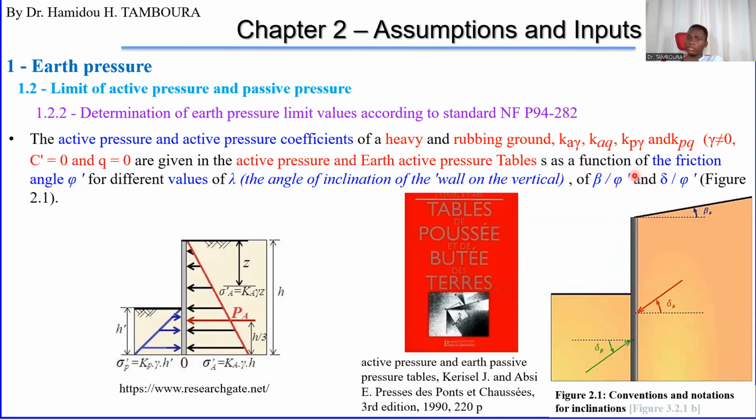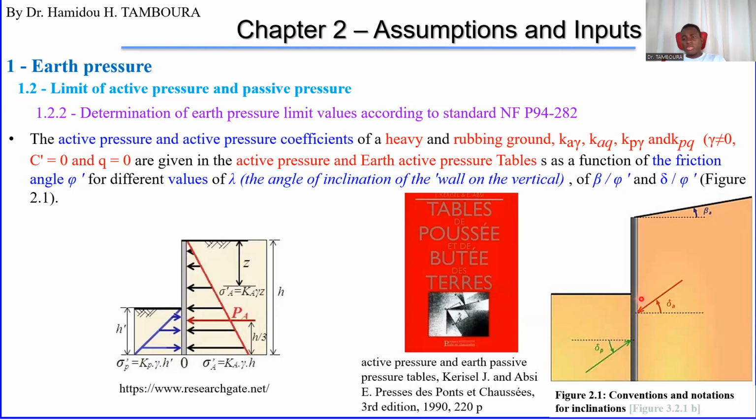And this angle is this one, the inclination of the resultant, the equivalent of the active pressure and passive pressure.